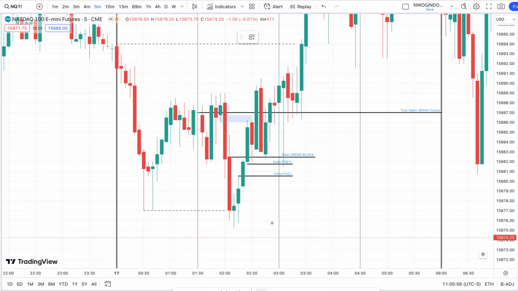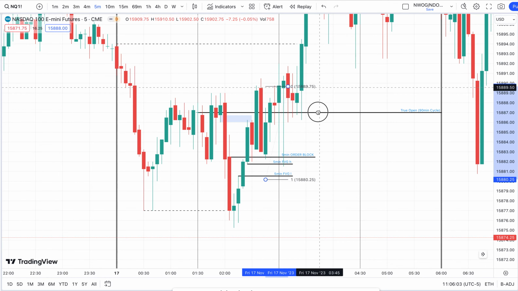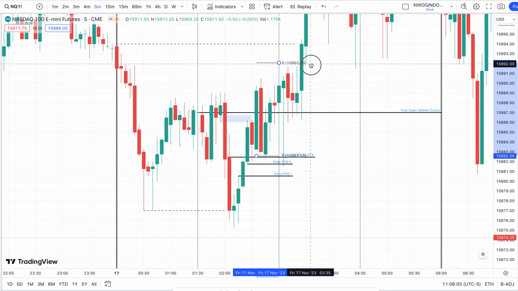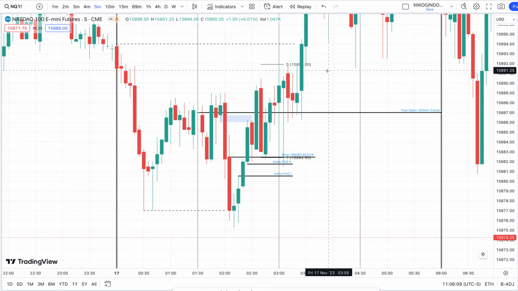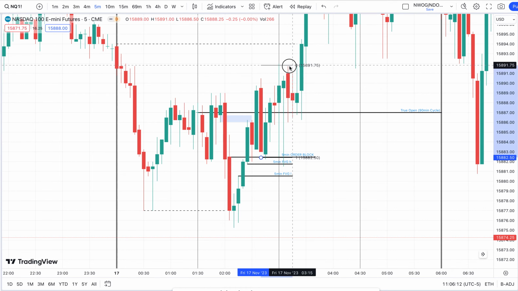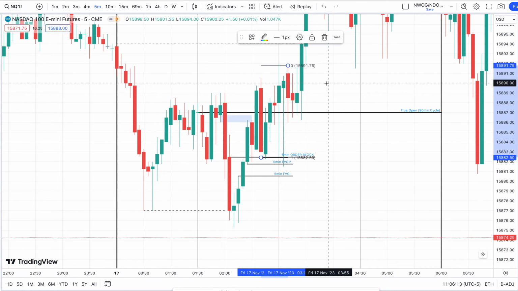So in terms of targeting, you put your fib all the way up to the swing high. Target 1, 2, 2.5 and 4 standard deviations. So you have 4 target areas.